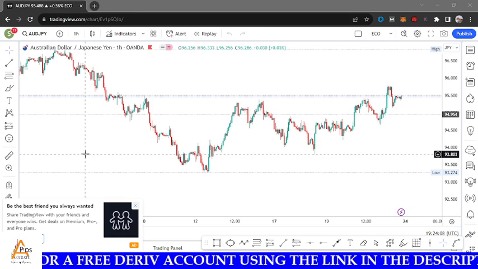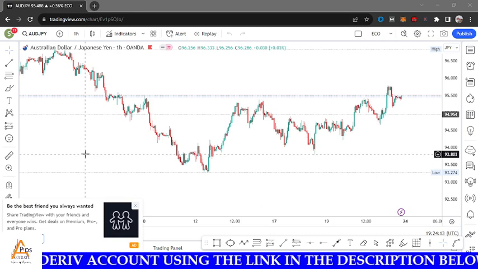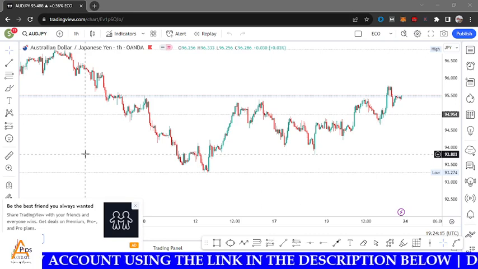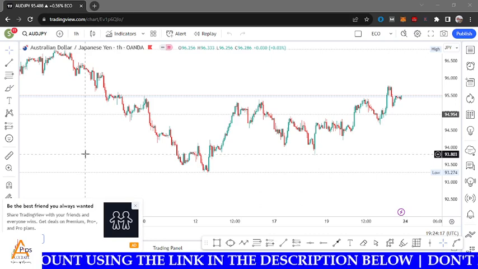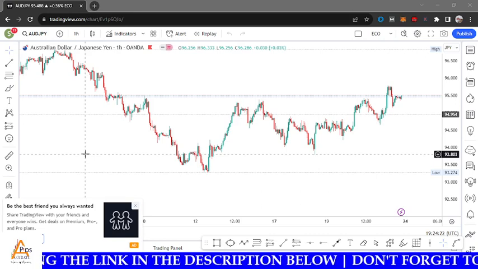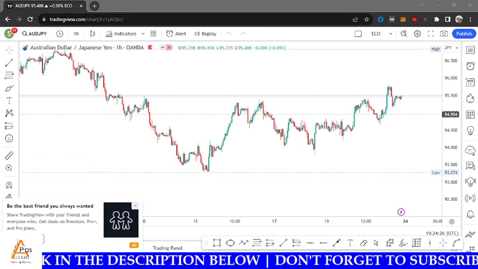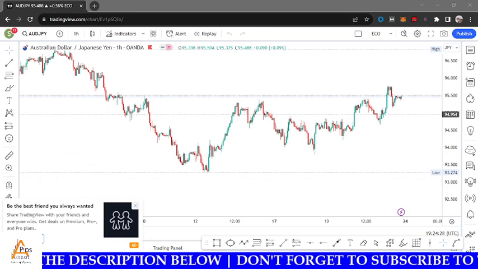All right, so now let's look at how we will identify our order flow on the chart. Once we are done with that, the next thing is for us to look at lesson number 17 on order blocks.